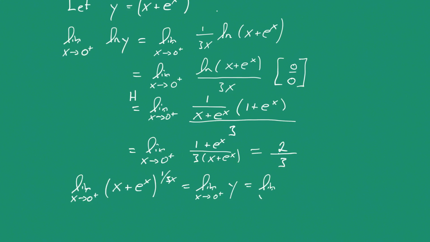We write y in terms of the log of y. We write it as e to the log y. We do that because we know that as x tends to 0 from the right, log y tends to 2/3, and so e to the log y is going to tend to e to the 2/3. So this equals e to the 2/3, and that's our answer.